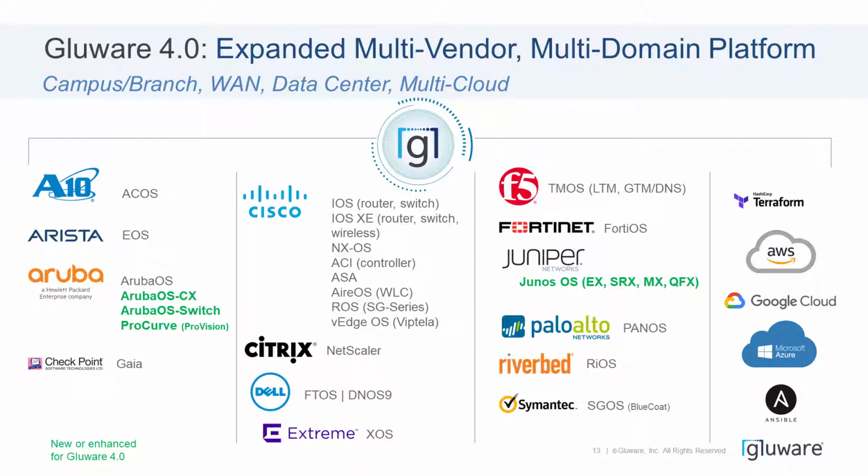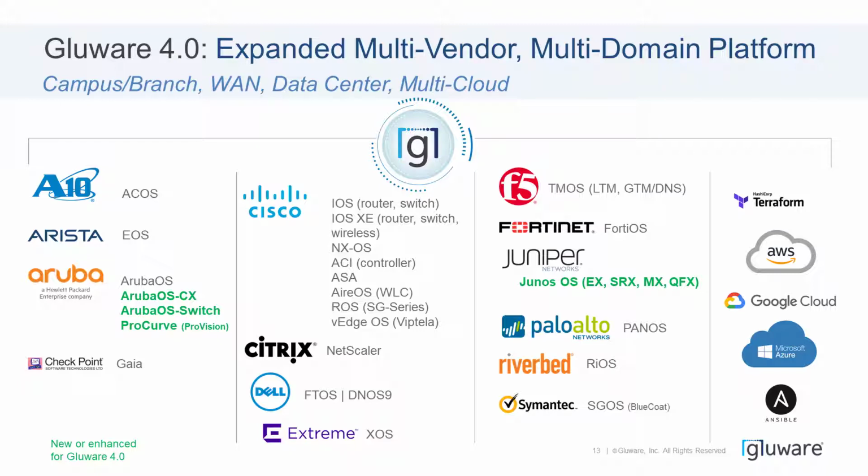This 4.0 release really expanded our support for Aruba, adding the Aruba OS CX, Aruba OS Switch, and the ProVision, or the ProCurve product lines and operating systems. We also did a lot of work expanding our support for Junos across the EX, SRX, MX, and QFX platforms. Another big piece of this I talked about a little bit in the introduction was bringing on the ability to leverage Terraform as a vendor adapter.